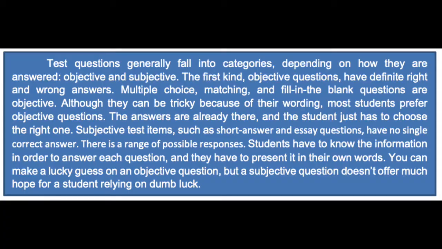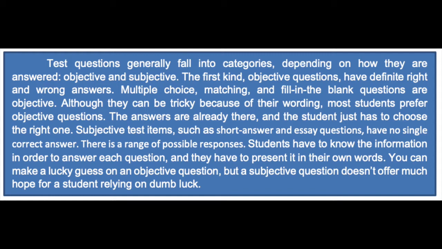Test questions generally fall into categories depending on how they are answered: objective and subjective. The first kind, objective questions, have definite right and wrong answers. Multiple choice, matching, and fill in the blank questions are objective. Although they can be tricky because of their wording, most students prefer objective questions.